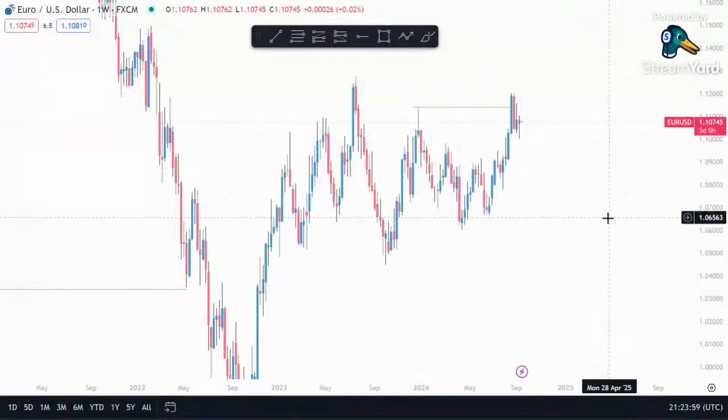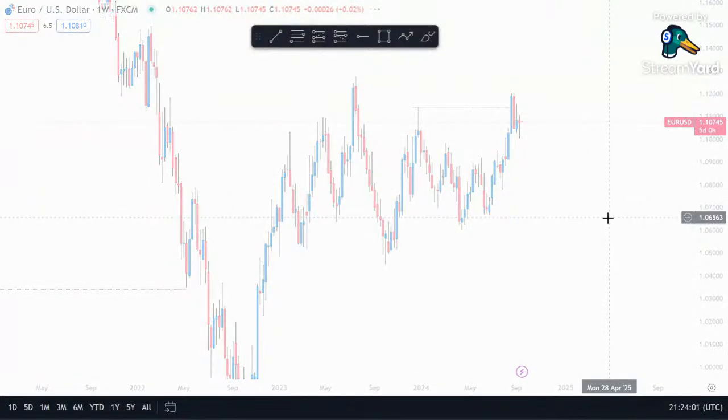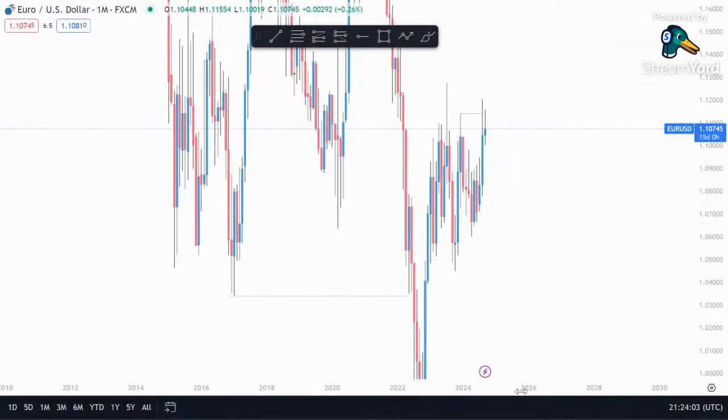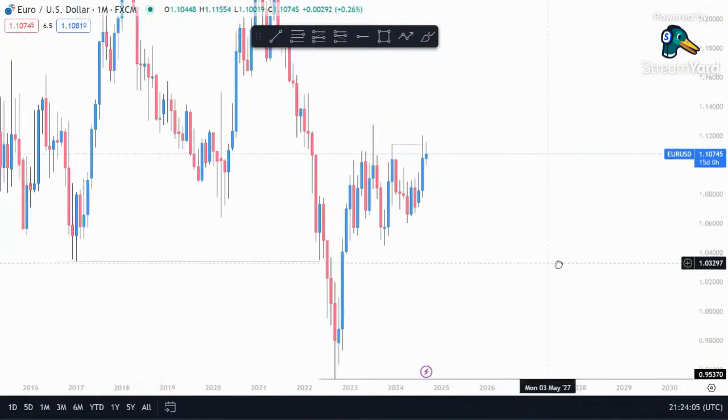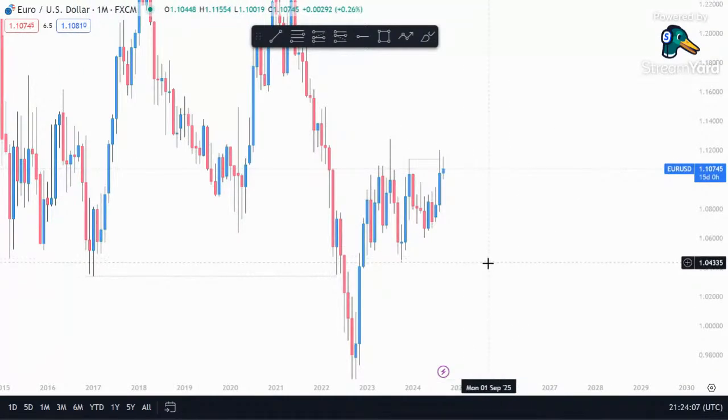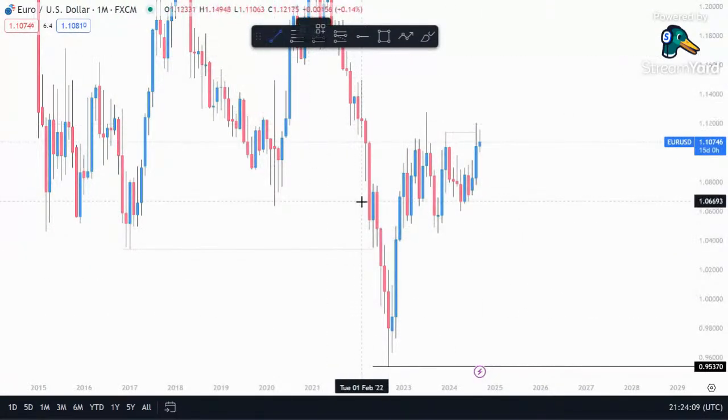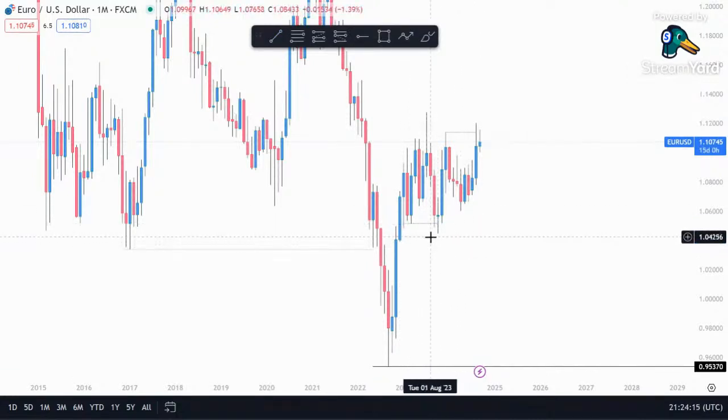So let's look at the monthly time frame. On the monthly time frame, we saw a sweep of this low, giving us this strong low that's protected. That means price should take out this high, right?